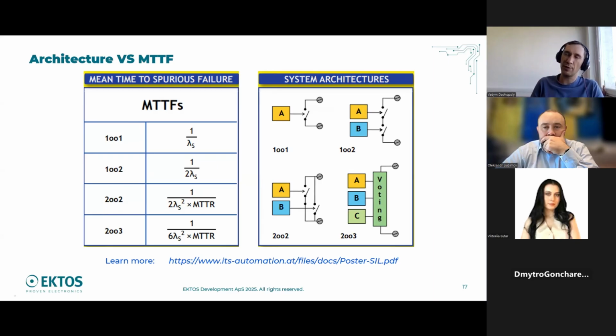Sometimes this metric is used for big systems, because you want to prevent not only dangerous failures but any other failures, because they can stop your system and lead to losing money. And you can see that a 2 out of 3 system works quite well, and 1 out of 1 is the worst case scenario here for spurious failures.